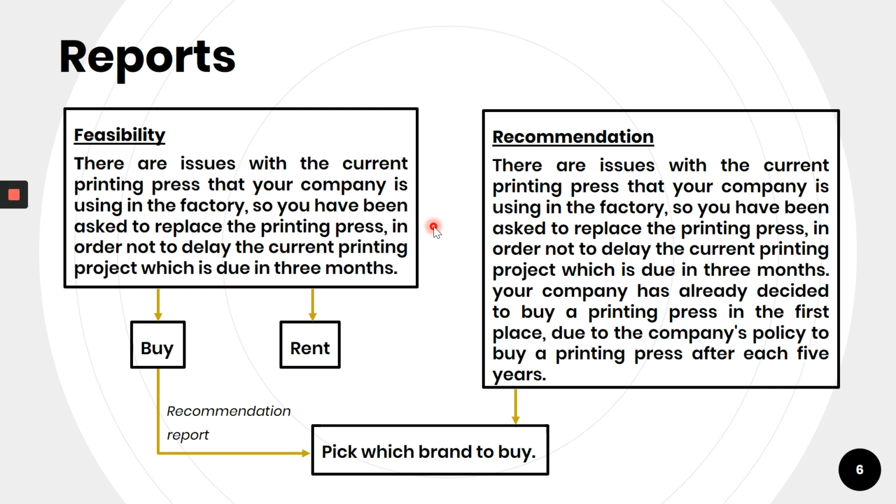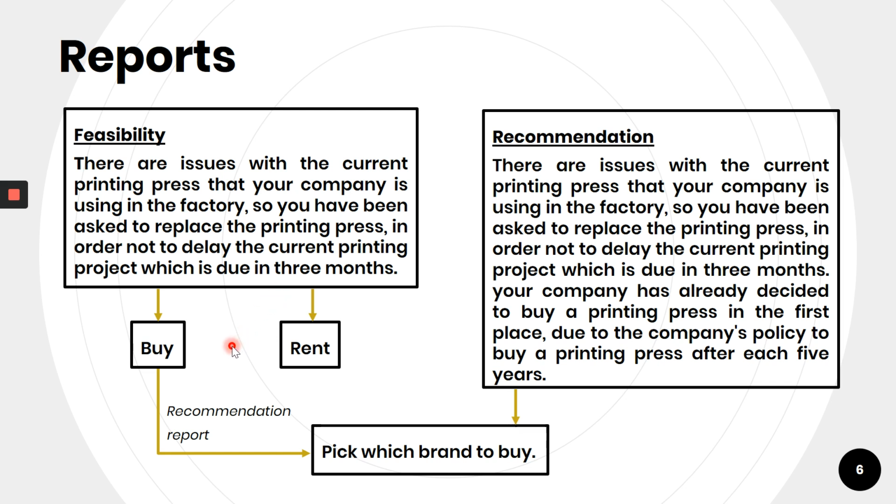Now, you may want to analyze whether it is feasible or not, or in another word, whether it is possible or not to buy a new available printing press in the market, or maybe instead of buying it, you rent the printing press. So again, we have two options here, whether it is feasible to buy or whether it is feasible to rent the printing press before the due date.